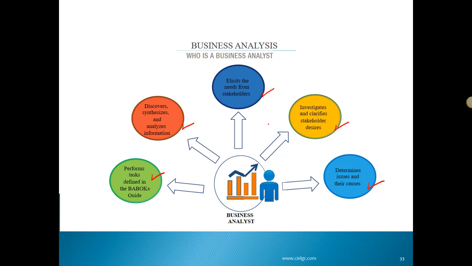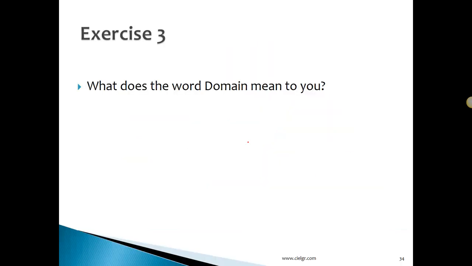These are some of the things done by the business analyst, and like we mentioned earlier on, this to a large extent defines the practice or the profession of business analysis. So beyond that, another keyword we are going to be looking at is the word domain.